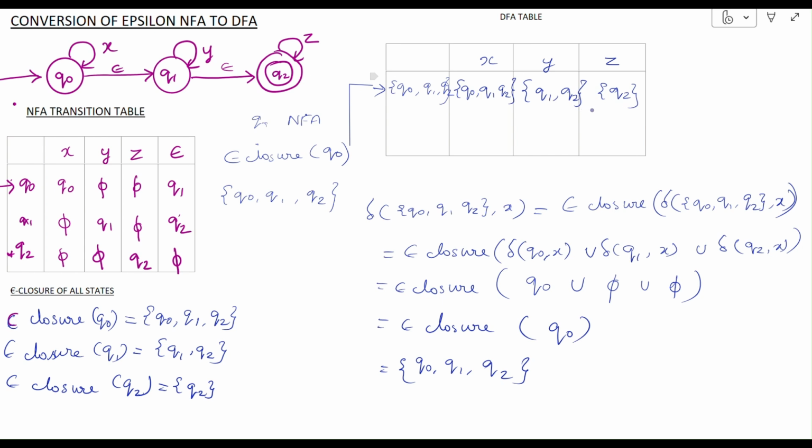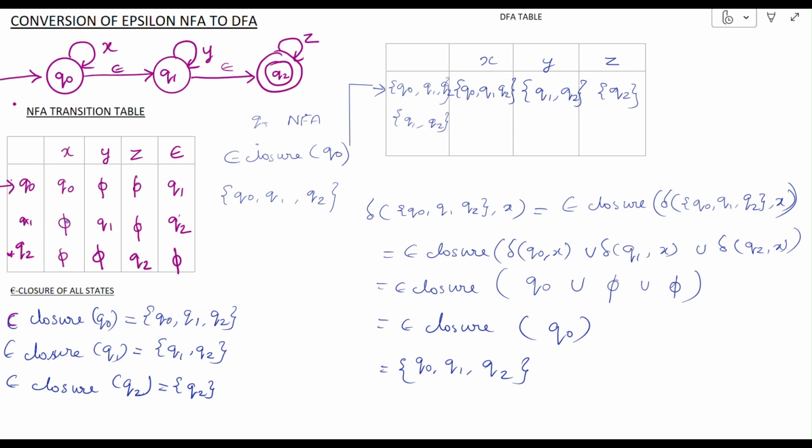We identify the transitions of Q1, Q2 first. On X, it is the combination of Q1 on X and Q2 on X, and then apply epsilon closure.